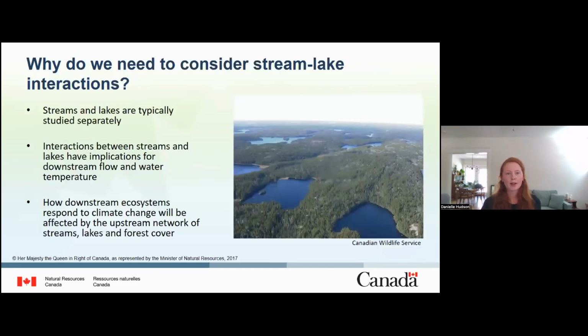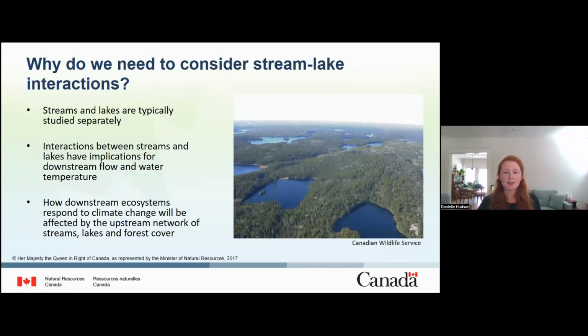And then also, why do we need to consider stream-lake interactions? Streams and lakes are often considered separate components of the forest water network, but in reality, the two are strongly linked, especially in regions like the Boreal Shield, where we see a high number of shallow lakes that are often connected by streams. Previous work has shown that lakes affect streams and vice versa, and these interactions do influence downstream flow and water temperature.